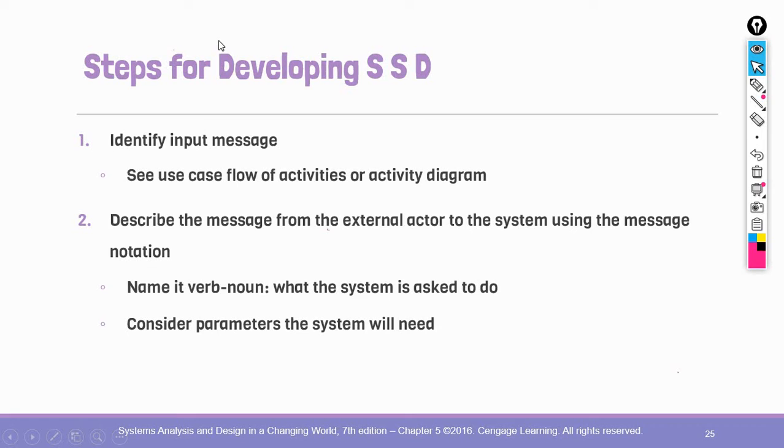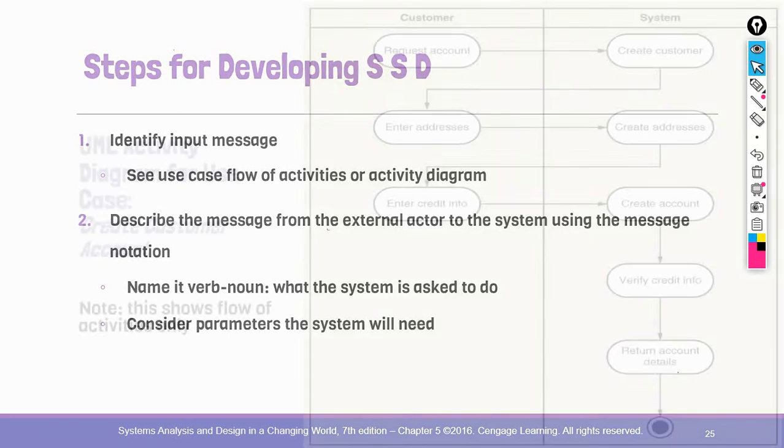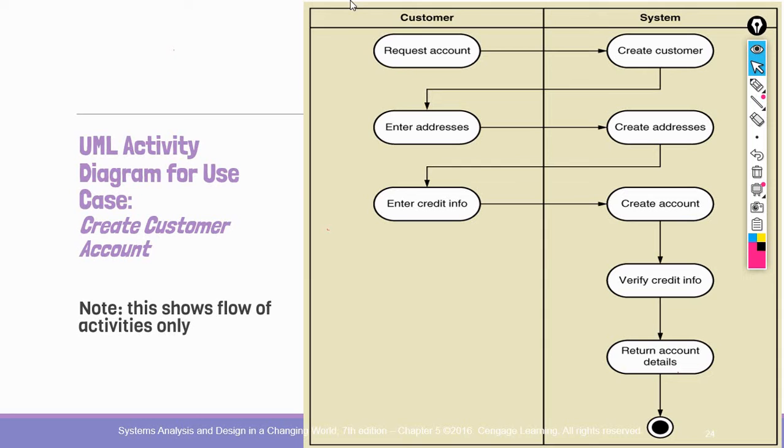The development of an SSD based on an activity diagram falls into 4 steps. The first step is to identify the input message or messages. So in this figure, there are 3 locations with a workflow arrow crossing the boundary.